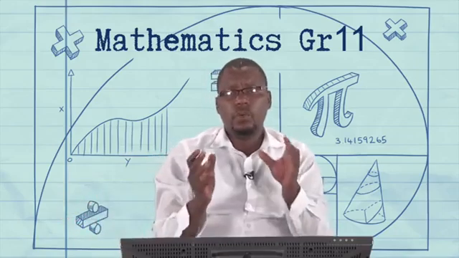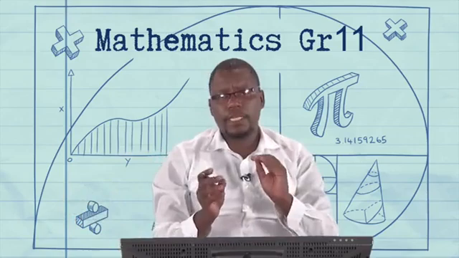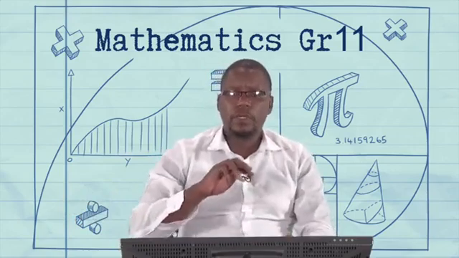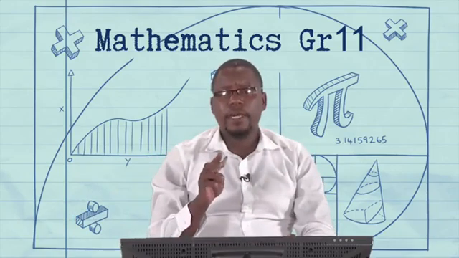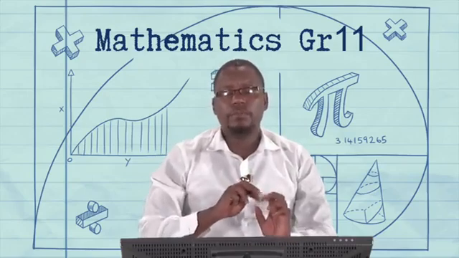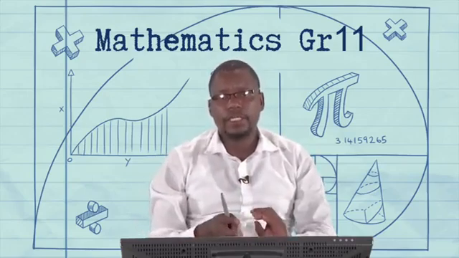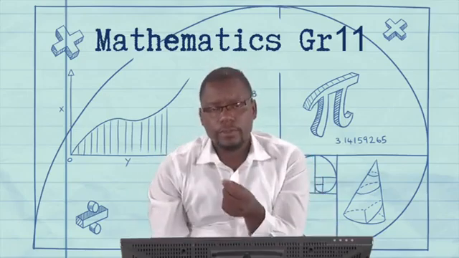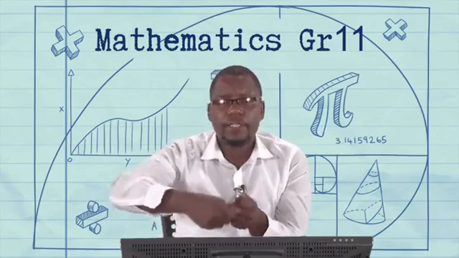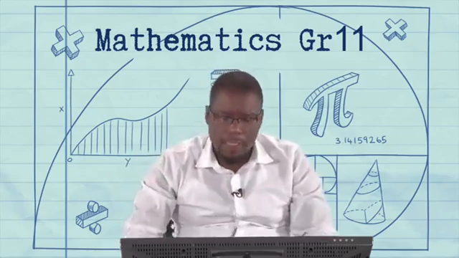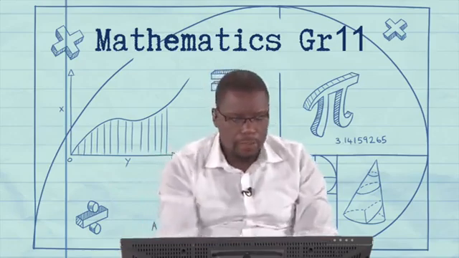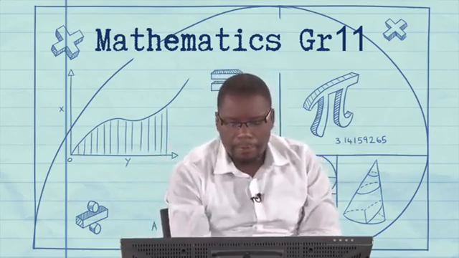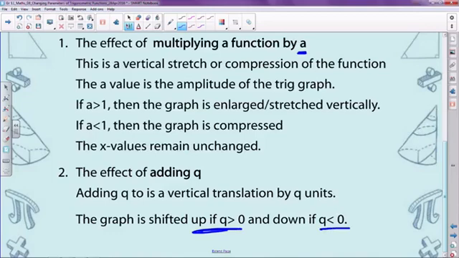So what you are doing to the graph is that it was positive sine x, then y equals positive 2 sine x, and the amplitude changed. And then now it's negative 2, right? Remember? And then plus 5, drag it up 5 units. So if you subtract the 5, you're going down, right? The graph is shifted up if q is greater than 0, and down if q is less than 0. Okay.